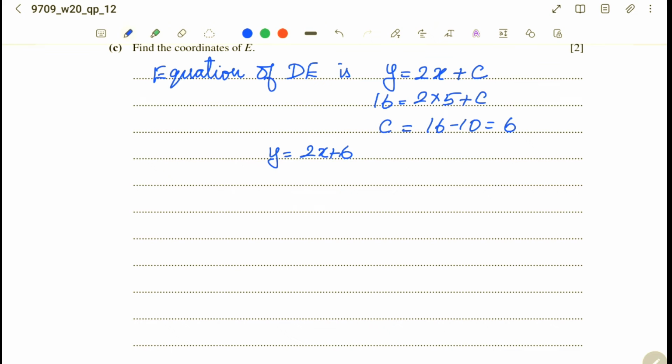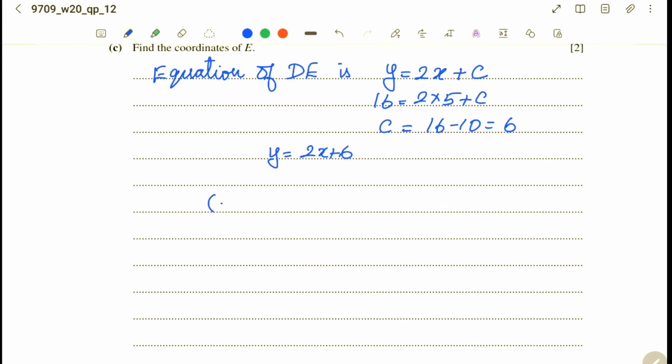We know the circle equation, and now we know the line DE equation. We need to find out the point of intersection. So let's substitute this value in the equation of the circle.